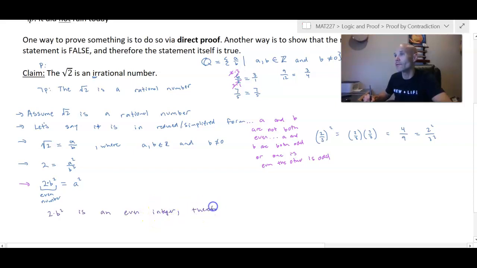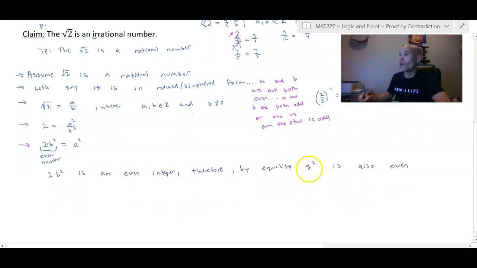Therefore, by equality, a squared is also even. Again, because the only way 2 things can be equal is if they're the same number. So if the left-hand side is an even number, that necessarily means that the right-hand side has to be an even number.